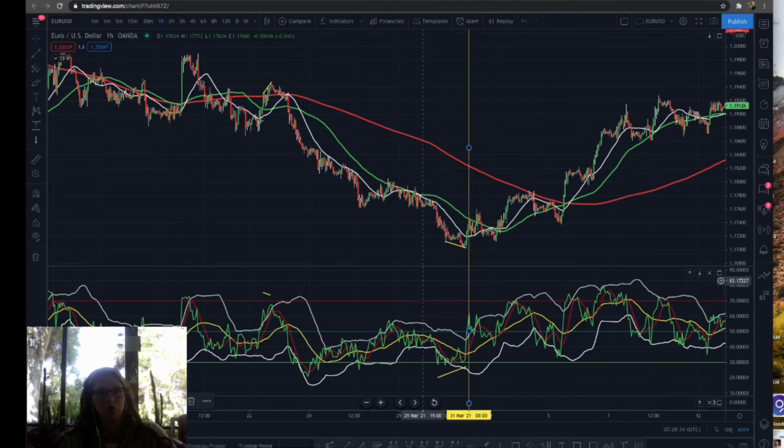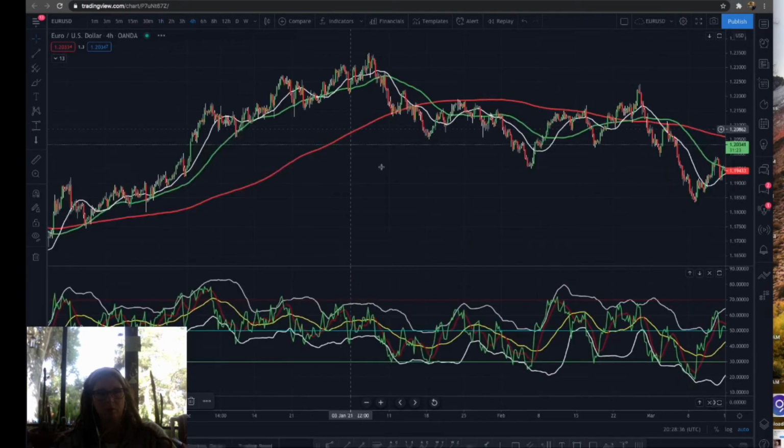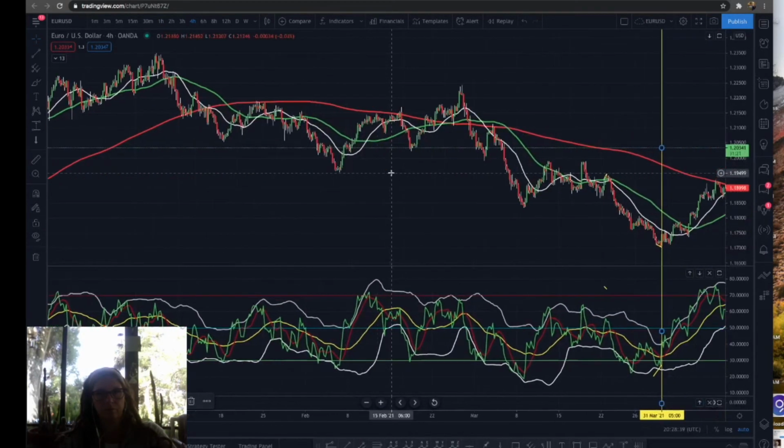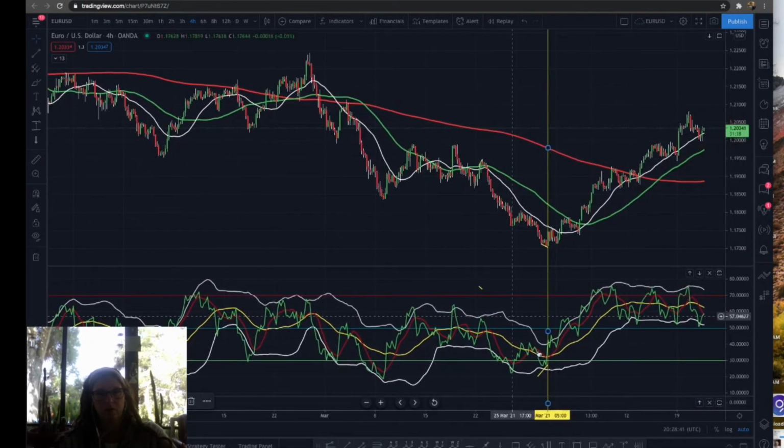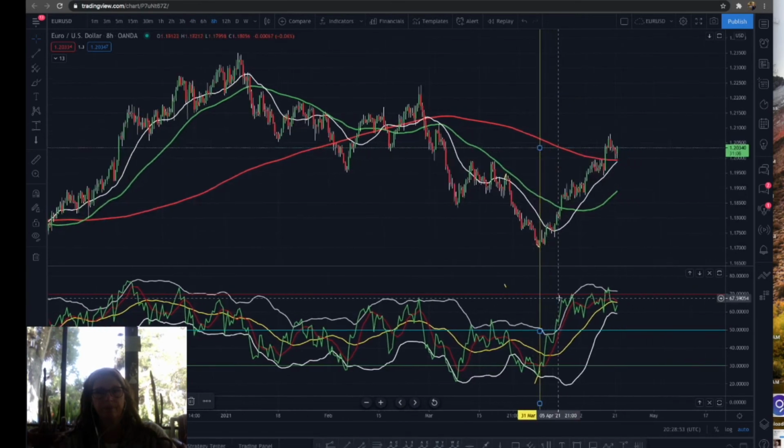So you move up to the 4 hour. The 4 hour is coming very close to the band, but it's not quite out yet. You move up to the 8 hour. The 8 hour is crossing the red line. So as you can see on the 8 hour, we have plenty of room.